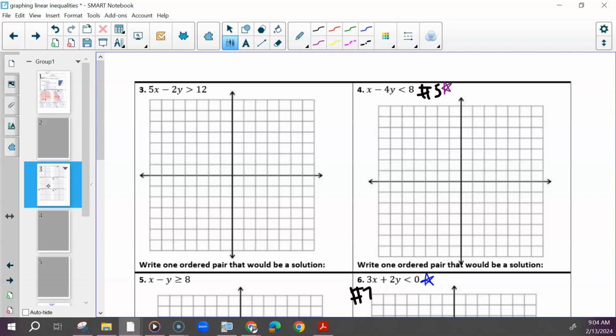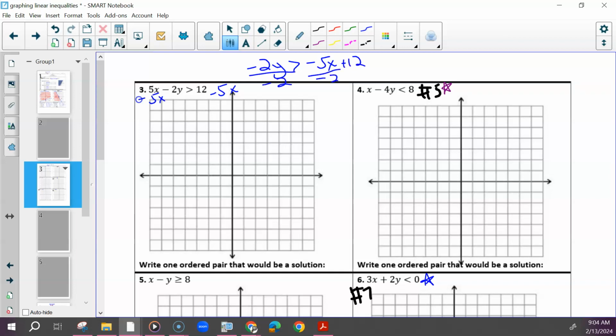Ariana, what did you do? Subtracted 5x. And then divided everything by -2.